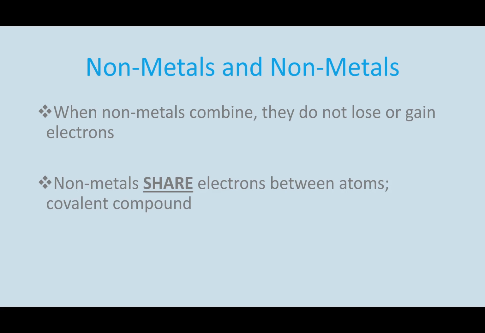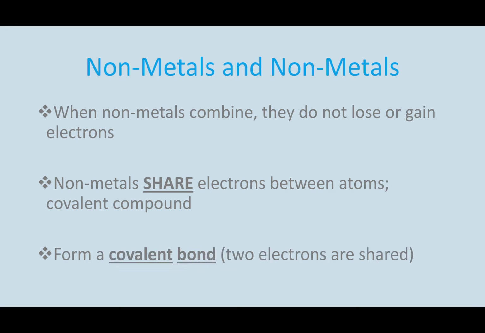So basically, the attraction between the nucleus and the electrons is too strong to break. So one atom is not going to pull the electron away from the other. What they end up doing is sharing the electrons between the atoms to get a stable or a full outer shell.